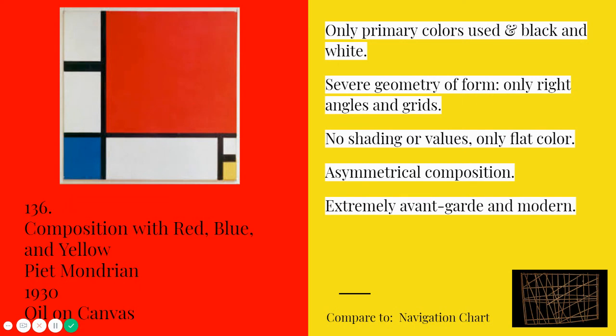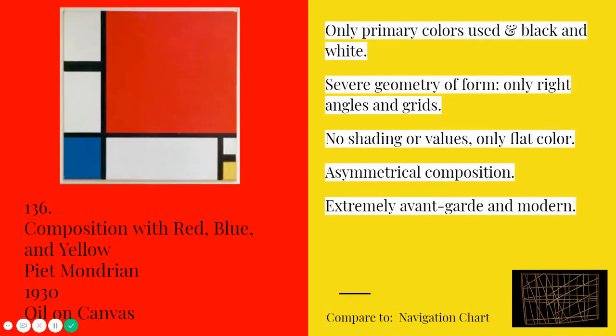If you were to Google Mondrian, you would see, I couldn't even give you a number, such a wide variety of these types of paintings. He just did huge series of rectangles, squares, and lines with primary colors and black and white in different compositional arrangements.